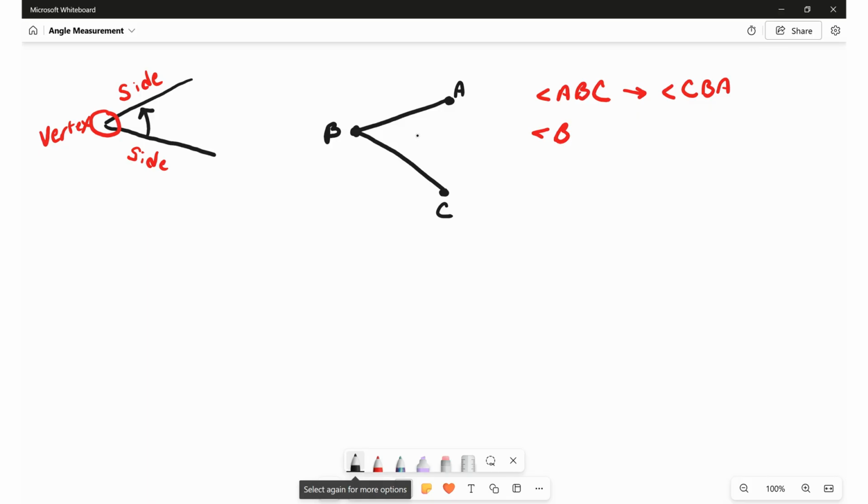And if we consider that the measure in here is a measurement E, we could also call this angle E. So those are the three ways that we could name this angle. We can use the endpoints and the vertex, with the vertex always in the middle. We can use the vertex alone, or we can use the letter that represents the measure of the angle.